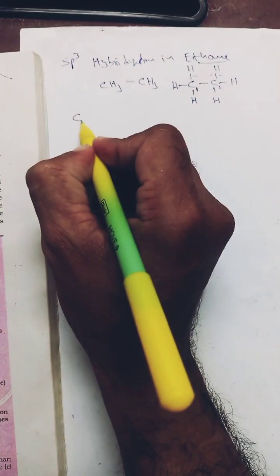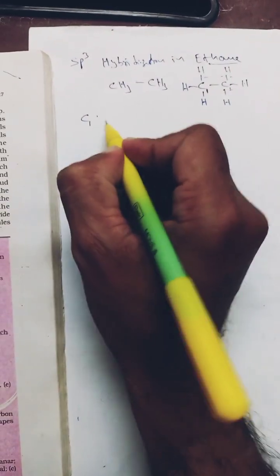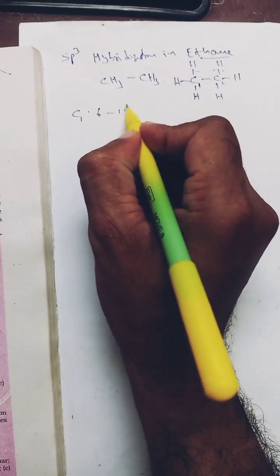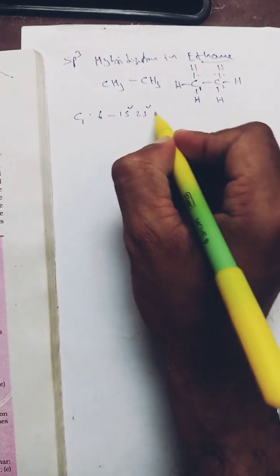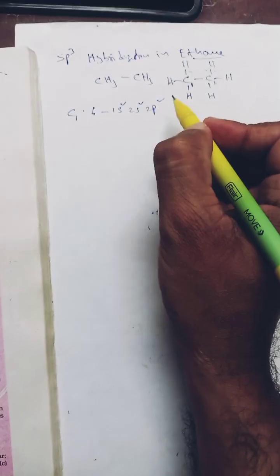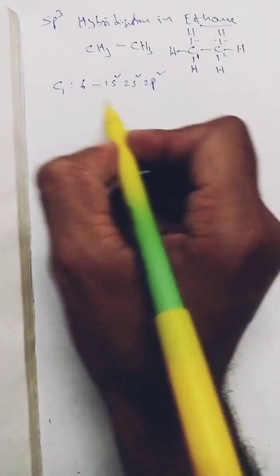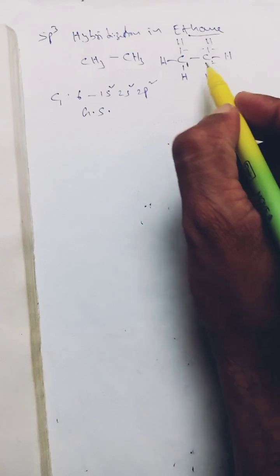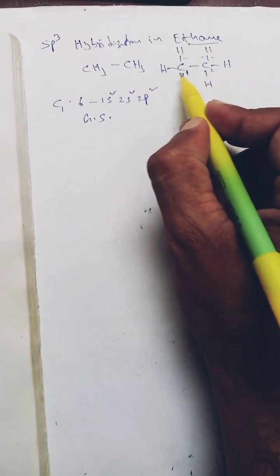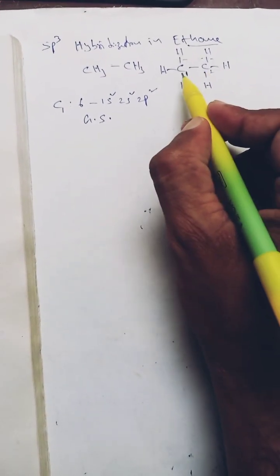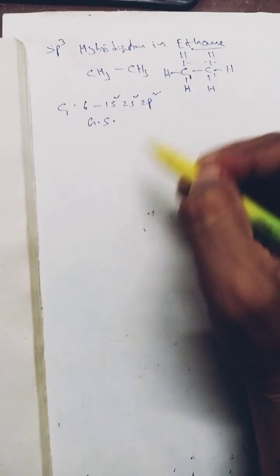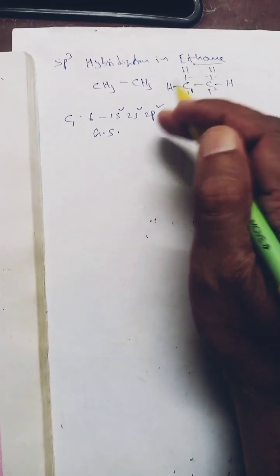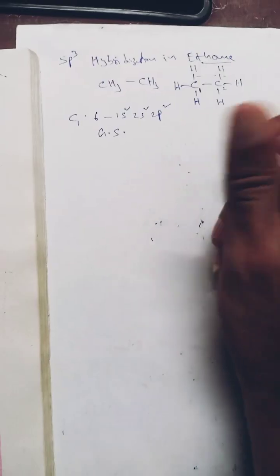If we take C1, its atomic number is 6 and electronic configuration is 1s2, 2s2, 2p2. So in the ground state, what I am writing for this carbon applies to this carbon also. Both carbons are the same, and they will be combined.